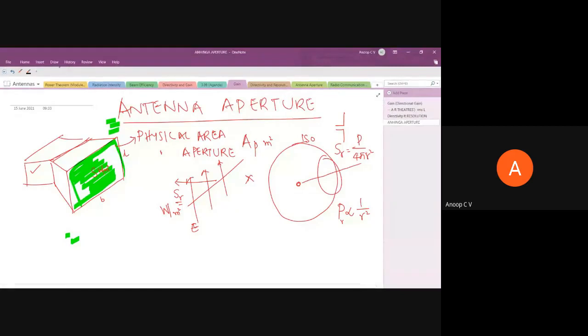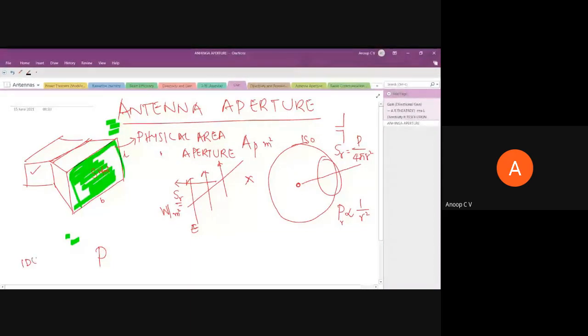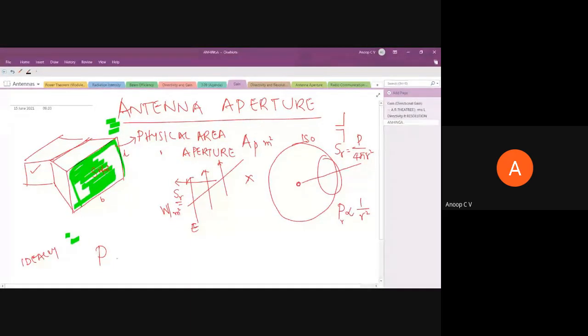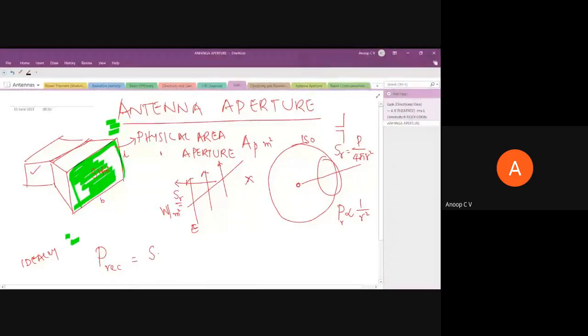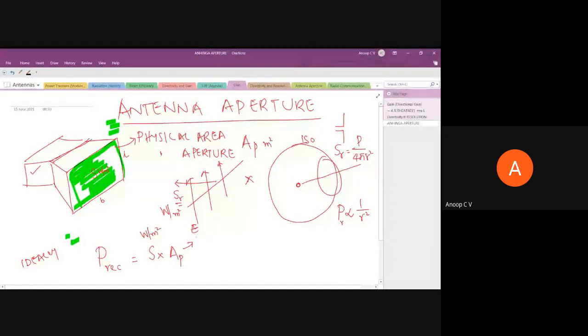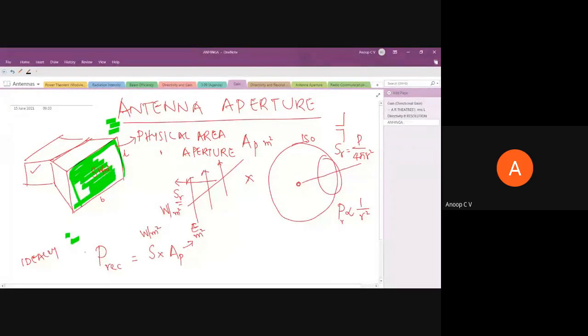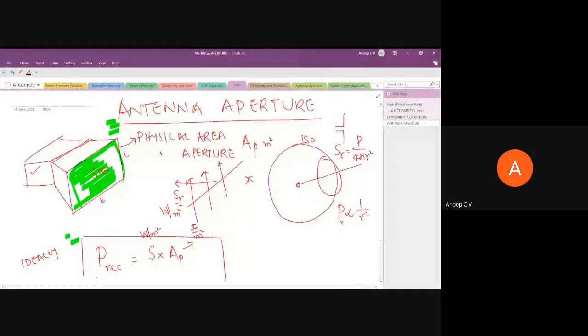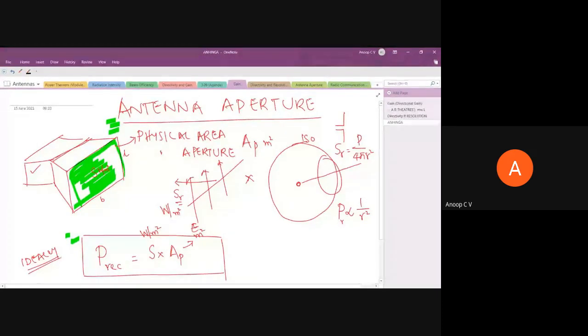So ideally, the total power received by an antenna P will be equal to power density times AP. Power density is watt per meter square, power distributed in unit area, and AP is the total physical area of this antenna, in meter square. It will give you the total power received by an antenna. I told ideally.